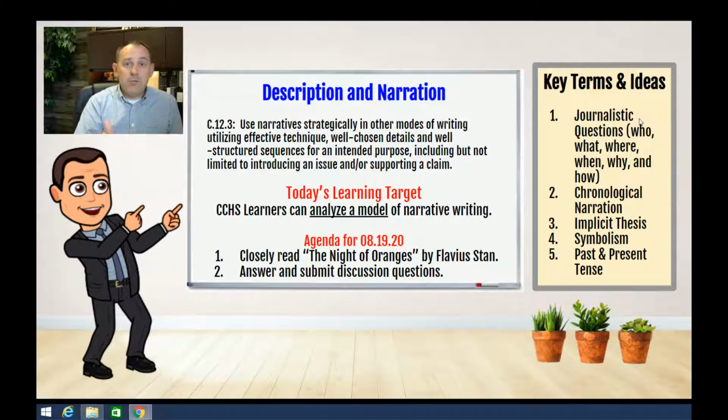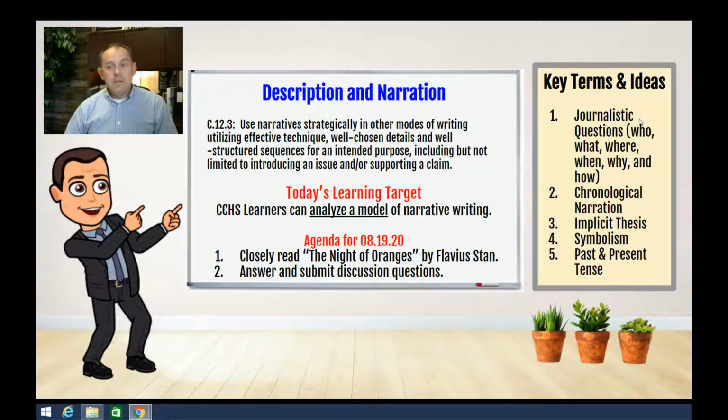And so what happens in a movie like that or a TV series like that is you begin in the middle of the action, and then it doesn't answer maybe one of those journalistic questions, but down the road in a few episodes or near the end of the movie, all of those questions are filled in for you. Otherwise, you get to the end of the movie and you're unsatisfied with it. So that's how you can strategically place narrative details in a chronological or an asynchronous order in order to build an overall effect.